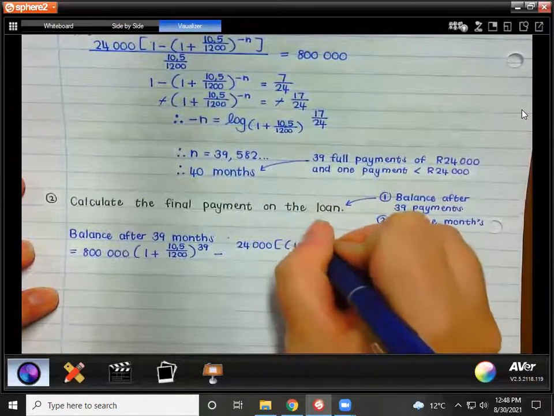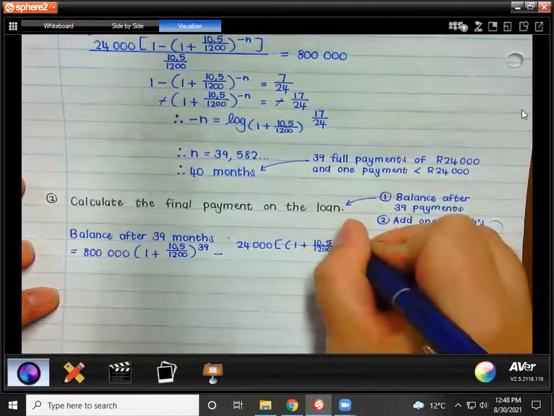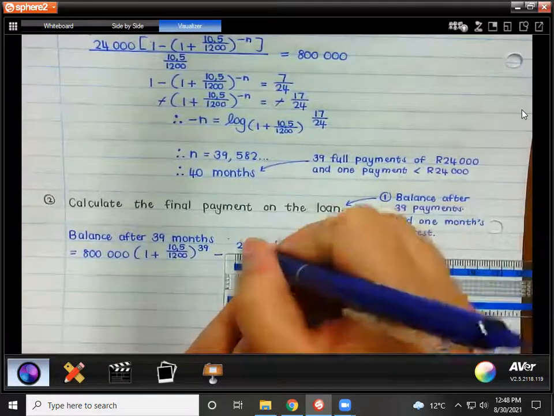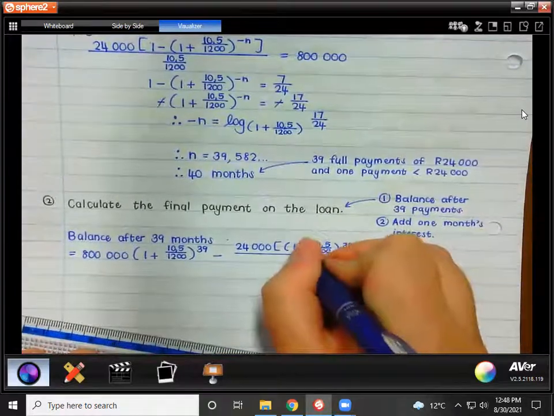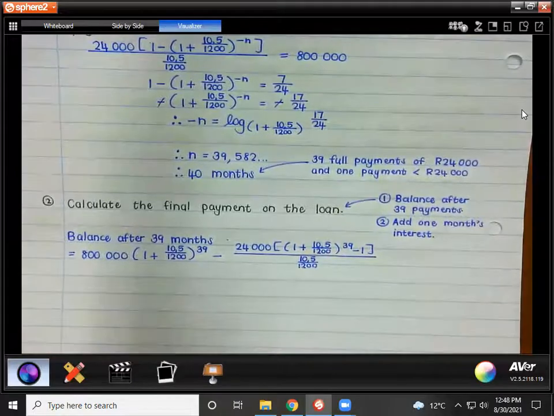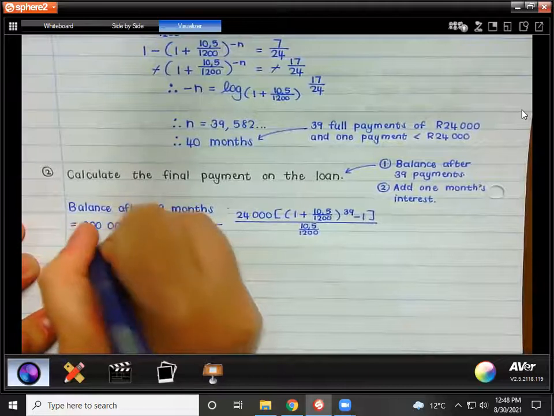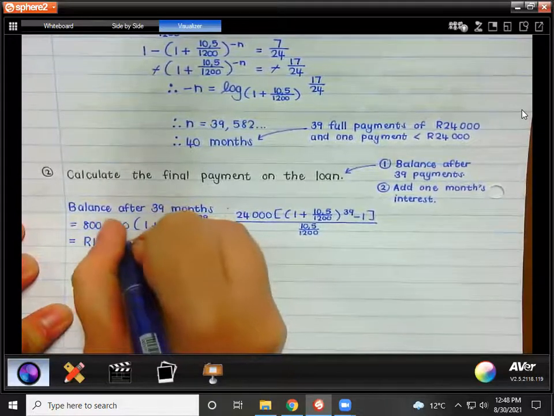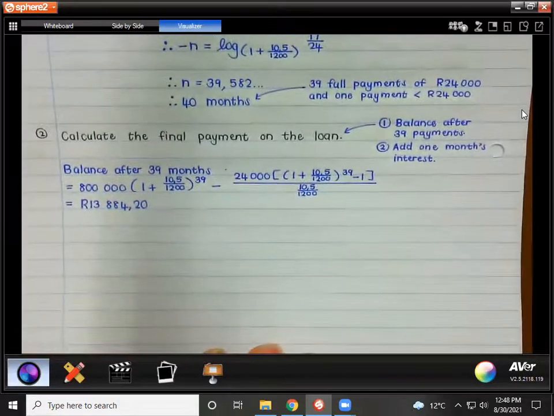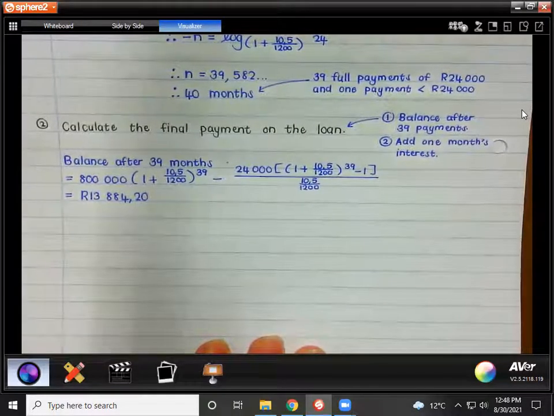So it's this one, divided by i. Let's get that. Okay, that is how much you owe directly after making that 39th payment.